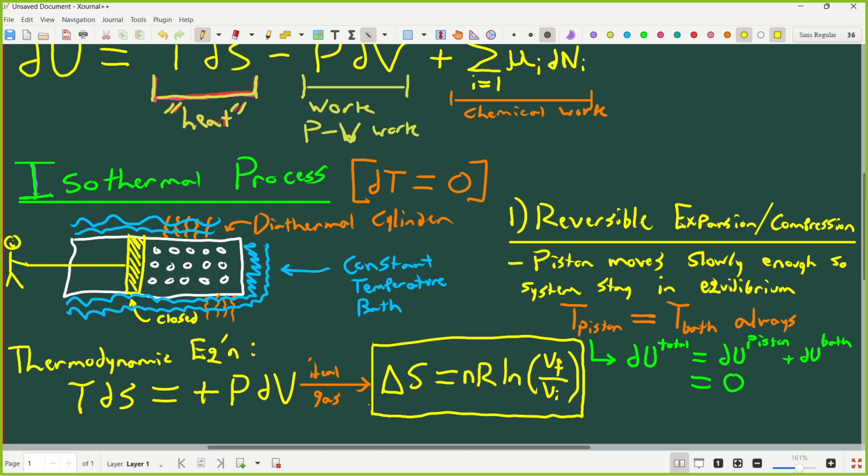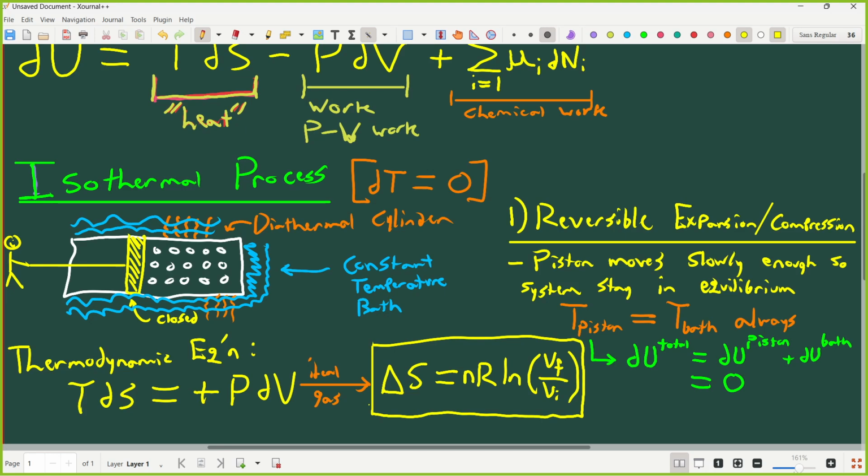So we should expect that compression takes energy. You're trying to push this piston against a gas, which has a pressure. It's resisting the force of that push. So you have to apply a positive energy to the piston to compress the gas.